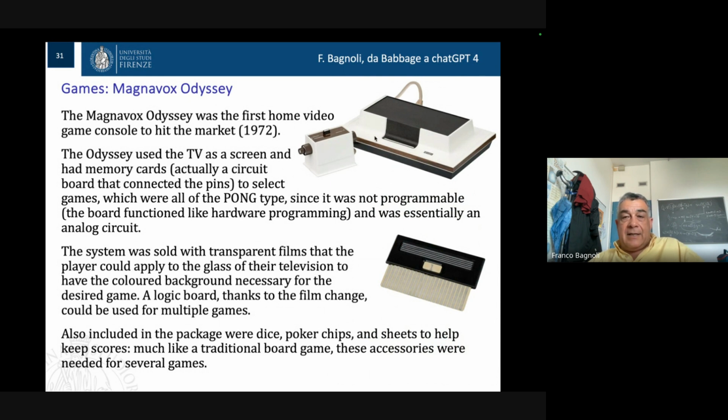For instance, this is a console with which you could play Pong on the television, but it used cards. But the cards were essentially ways of wiring things together in different ways. So essentially, it was not an active component with memories. It was just a wiring of pins in different ways.